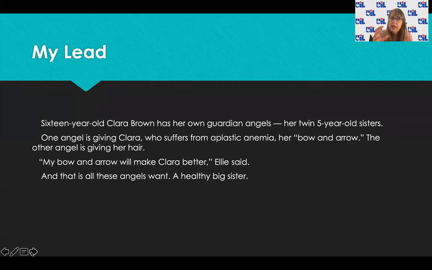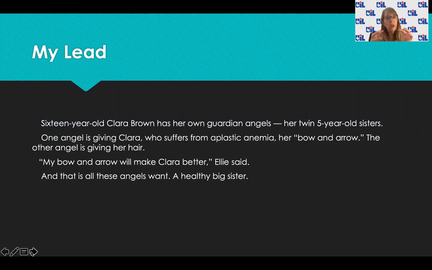It's a 4-paragraph lead, but it's really a pretty brief lead. I want you to look, there's a whole lot of details. We have 16-year-old Clara Brown, twin 5-year-old sisters. We know what her disease is. We know that one is giving a bow and arrow. We know that one is giving hair. And we know that this is going to make their sister healthy.